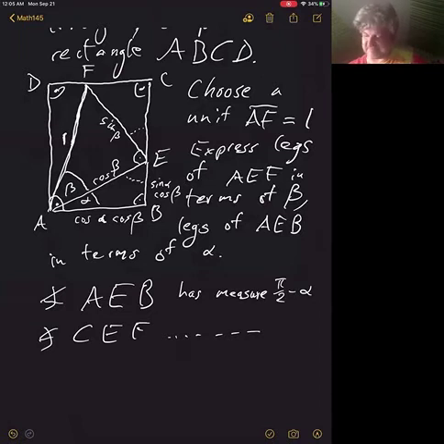The next one, the middle one, is a right angle, and then comes this angle that I'm asking about, CEF. It has measure alpha. Give yourself a pat on the back if you saw that.